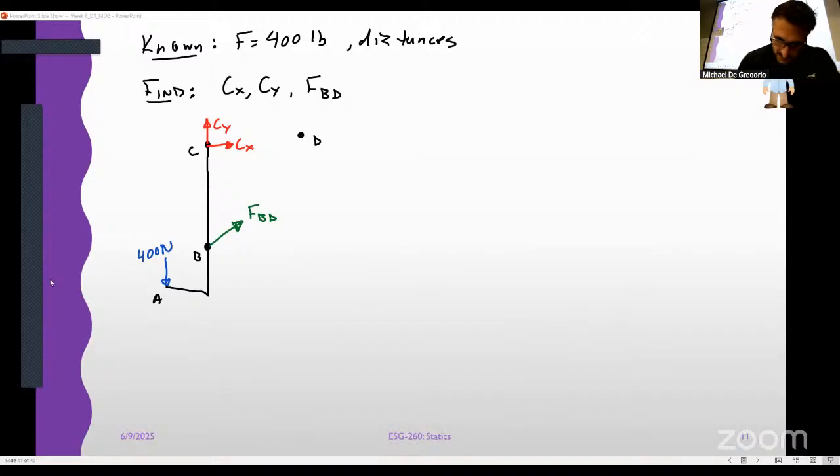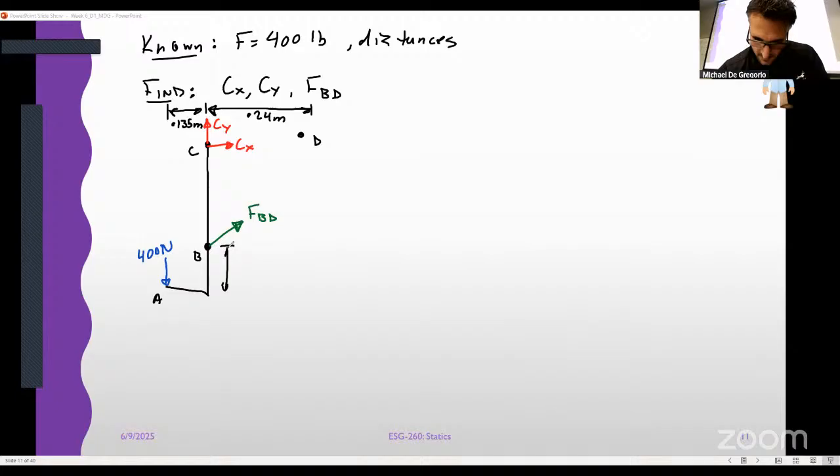All of these distances are given in millimeters. I'm going to write them in meters. There we go. That's our free body diagram.